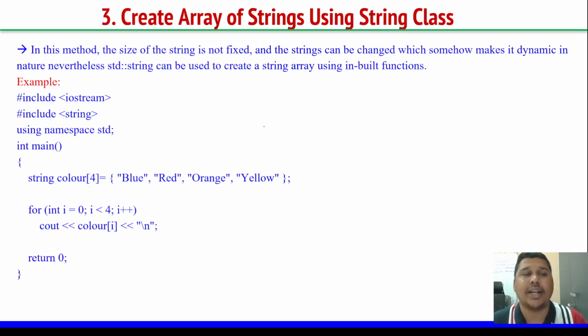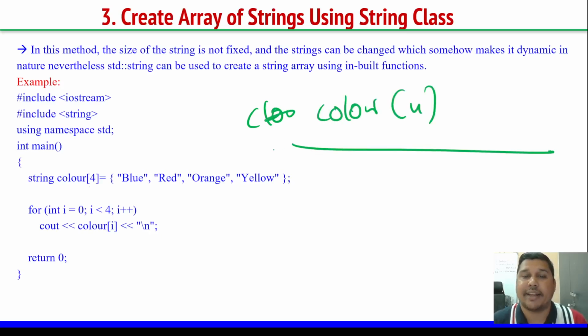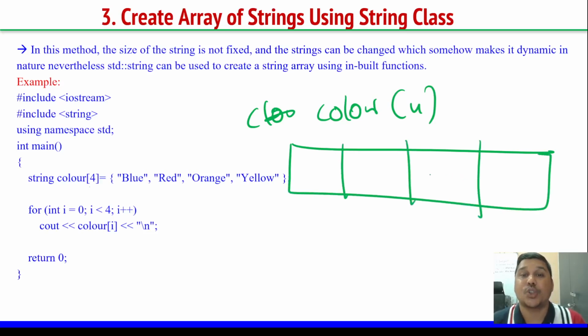Same as your pointer. This color of 4 means it's an array of 4 elements only. What are those 4 elements? It stores the addresses: address of blue, address of red, address of orange, address of yellow. Those are stored here and you can access them as they are. Same as your pointer array concept.